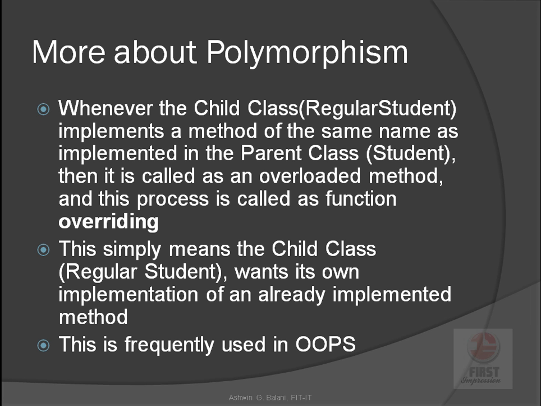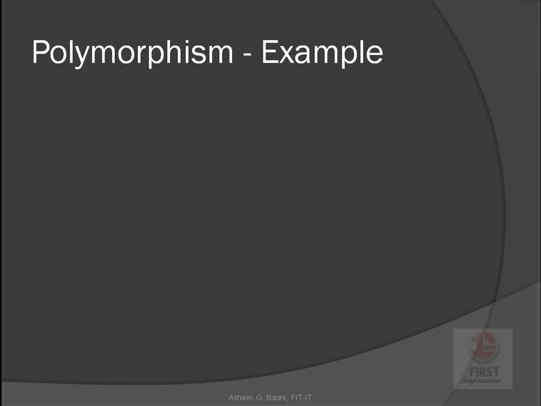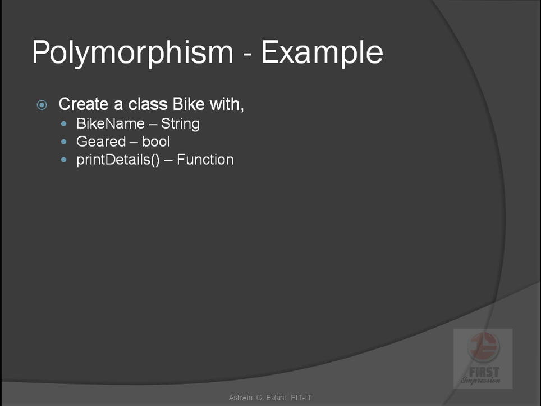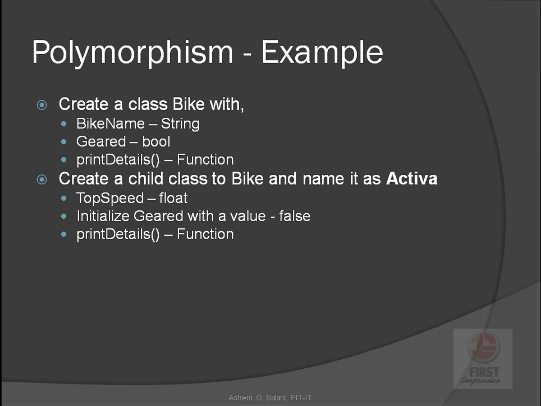This concept is very frequently used in all object-oriented programming languages, especially in Java. So let's take an example of polymorphism. We'll create a Bike class with bikeName and gear as two variables and a printDetails function. Let's create a child class of this Bike class and name it Activa.